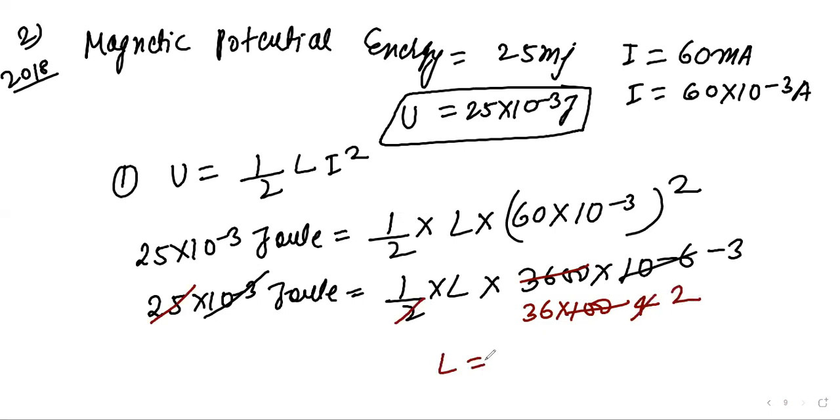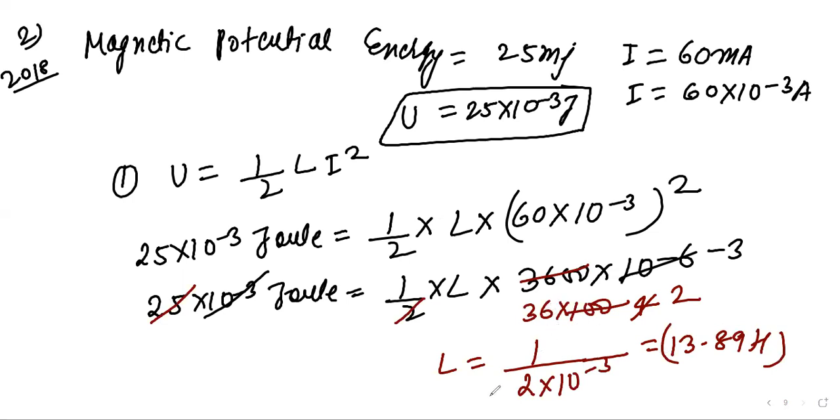So your L will come out to be how much? It is 1 upon 2 into 10 raised to the power of minus 3, right? So you will get the value, that is 13.89 Henry. So this will be the value for L.